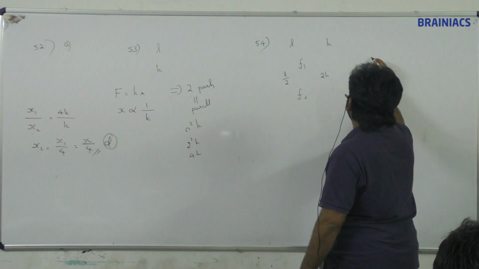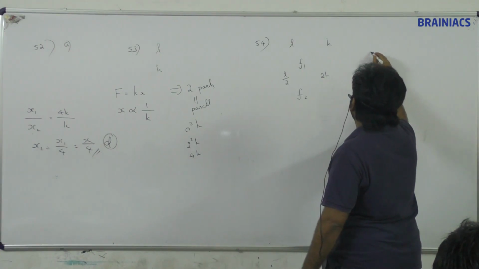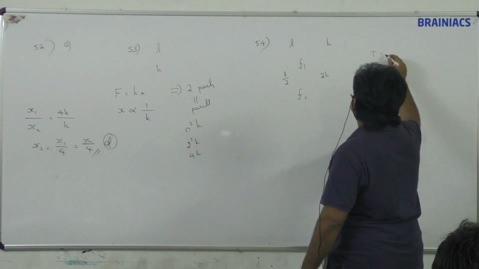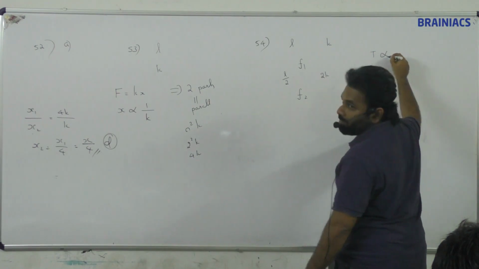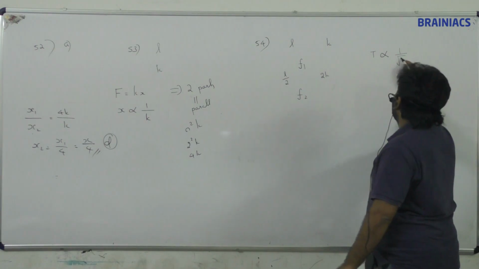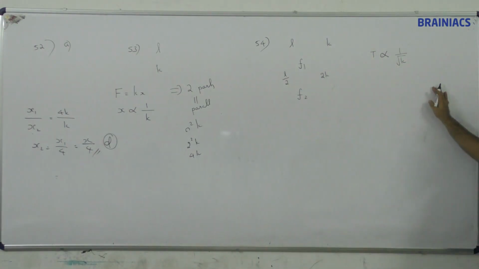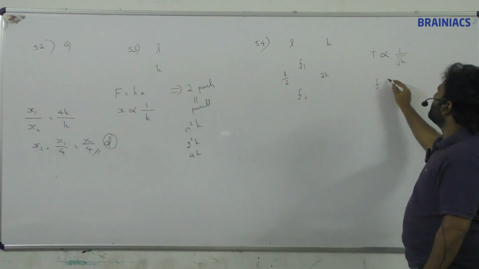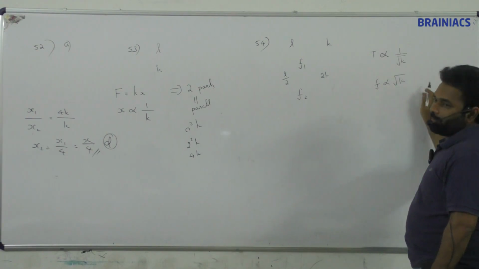T is inversely proportional to root k. Correct? So F is directly proportional to root k. Correct?